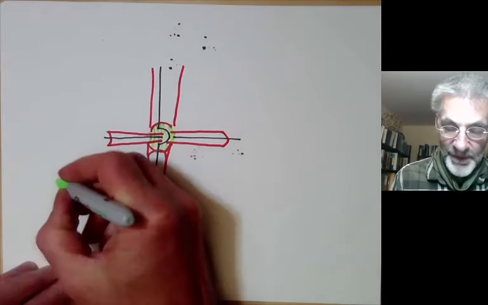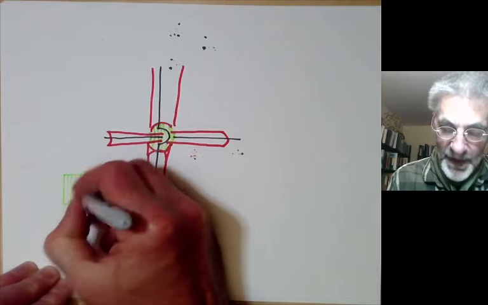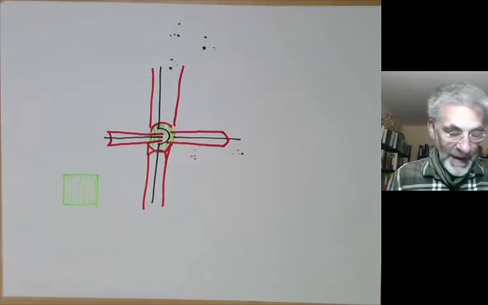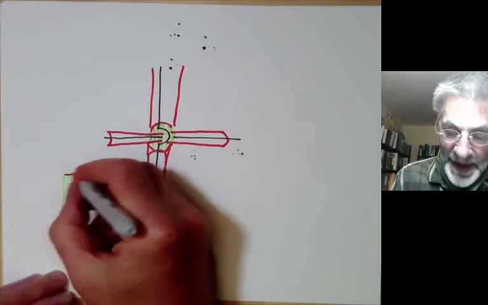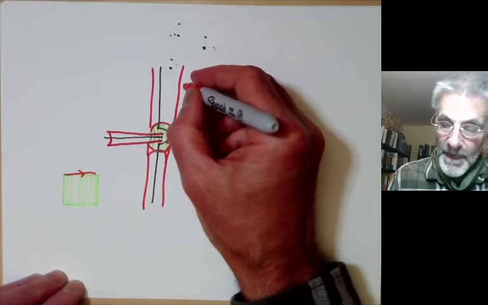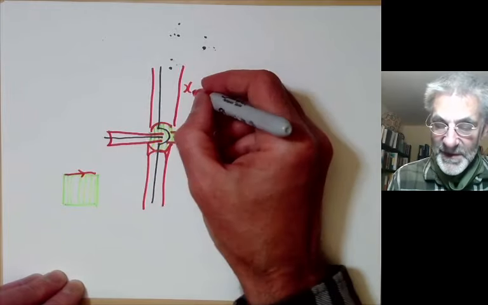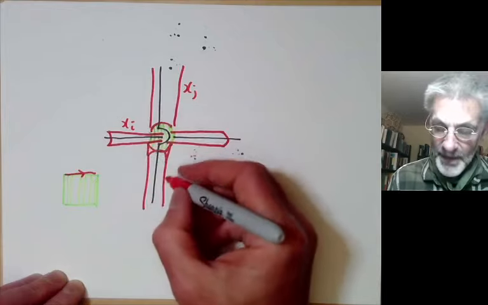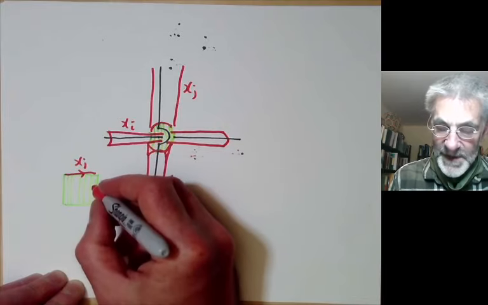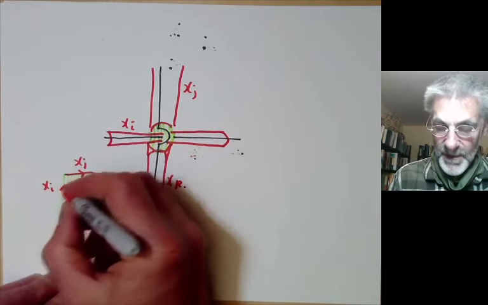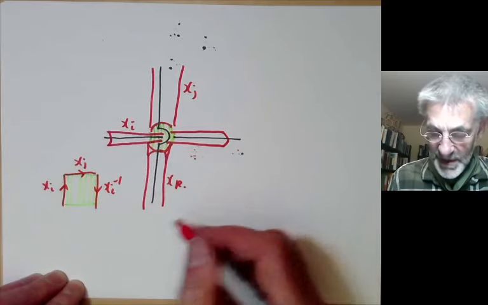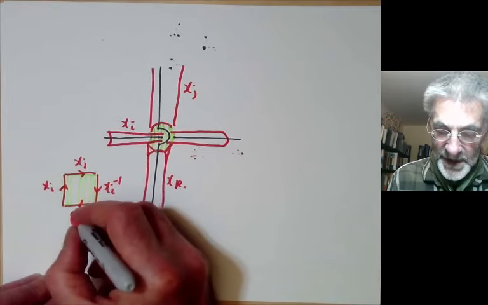Well, let's take a look at the green bit. Here we've got a green bit, which is really a 2-ball, and we're sticking it on. And if you look, this end gets mapped to a bit of one of the tunnels. So if the thing going round this tunnel is called xj, and this tunnel is called xi, and round this tunnel is called xk, then this bit is just xj, and this bit here is xi, or maybe xi to the minus 1, and this bit here is xi to the minus 1, or maybe xi, and this bit here is going to be xk.